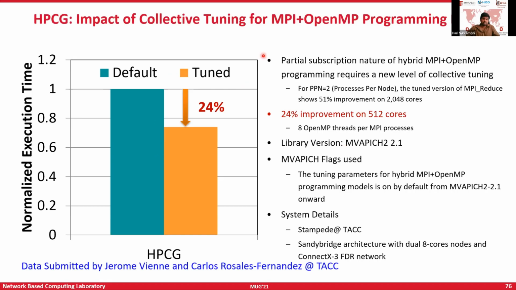That leads to significant benefits in execution time for different kinds of HPC applications. Like here, we look at the HPCG application, where the tuned version performs up to 24% better than the version without collective tuning. All of this is available by default. You don't have to make any changes to your library to achieve this.